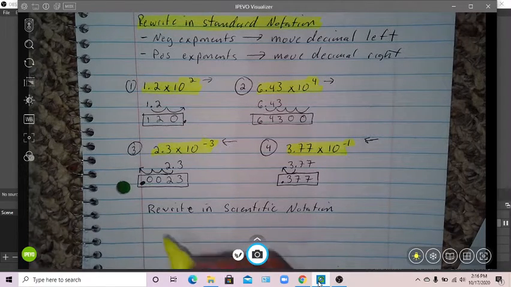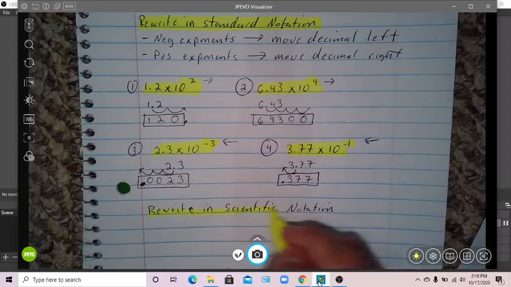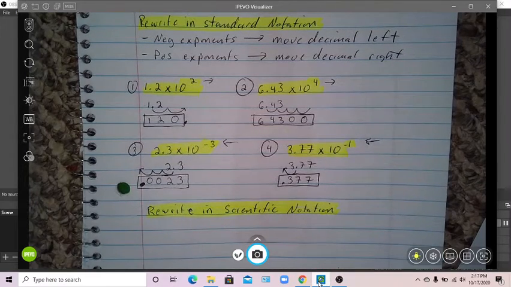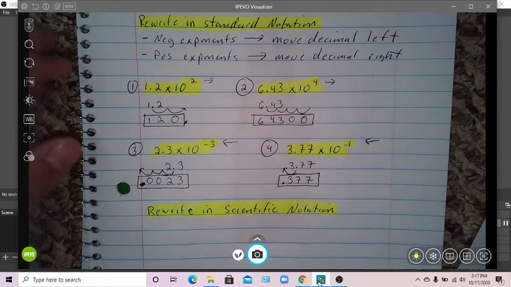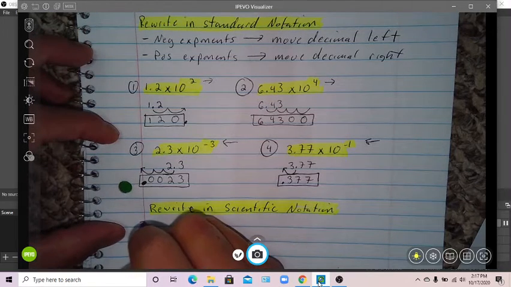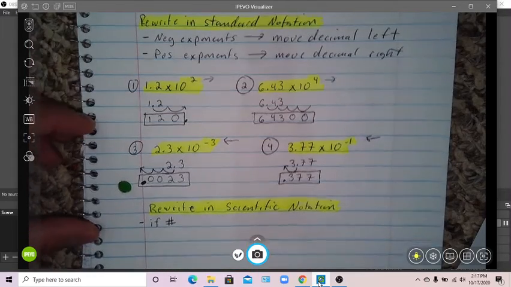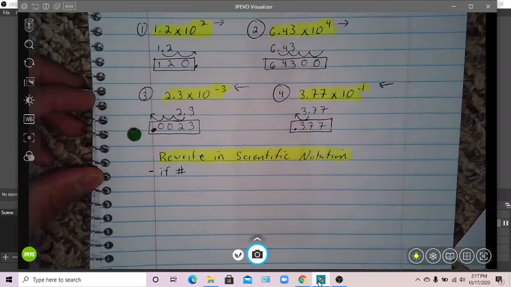Okay, rewrite in scientific notation. Alright, so a few notes I want you to write for that. Actually, there's several. The first thing is, so I'm gonna write the pound symbol for the number.